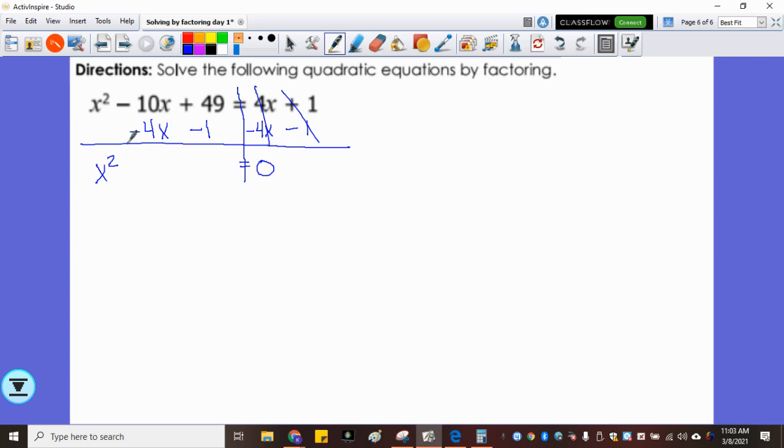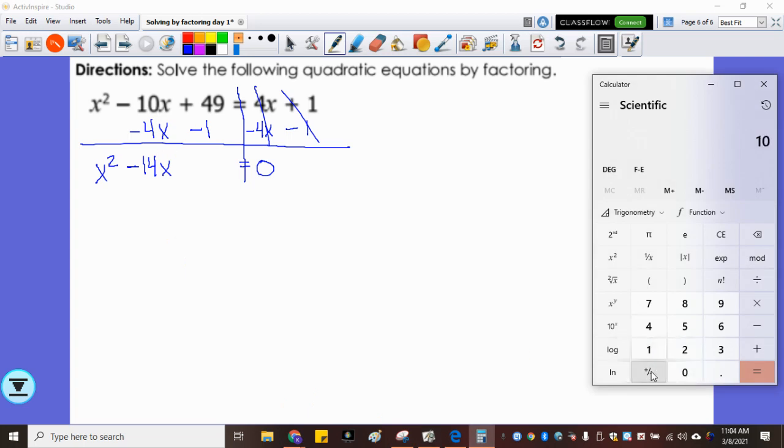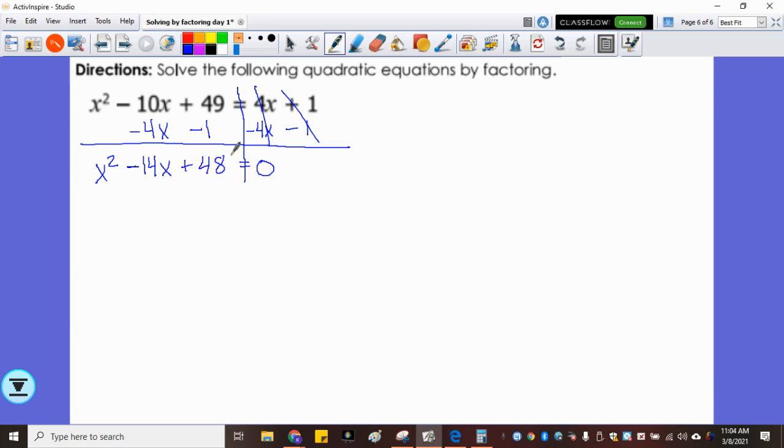Negative 10x minus 4x is negative 14x. You can use a calculator if you want. 49 minus 1 is 48. Plus 48.